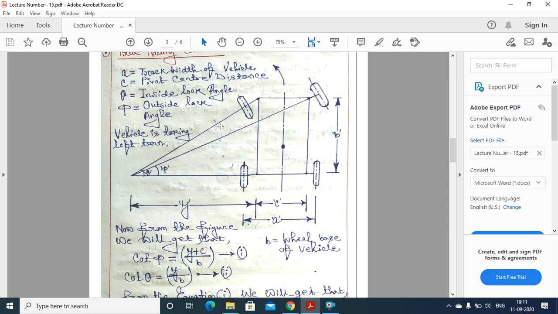Here the perpendicular is small b, which is given here, and the hypotenuse is here, which we consider as x. So small b is the perpendicular and small x is the hypotenuse.